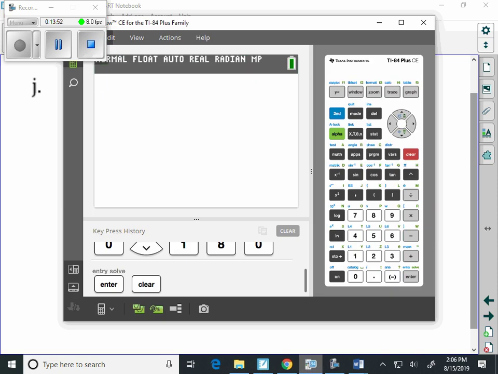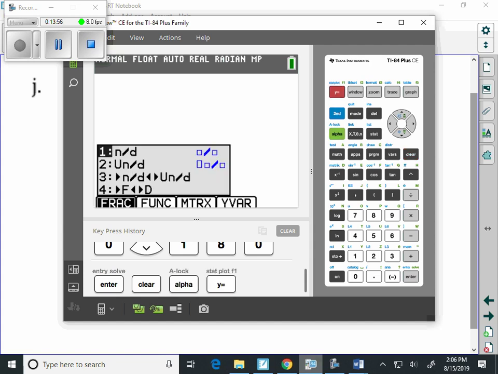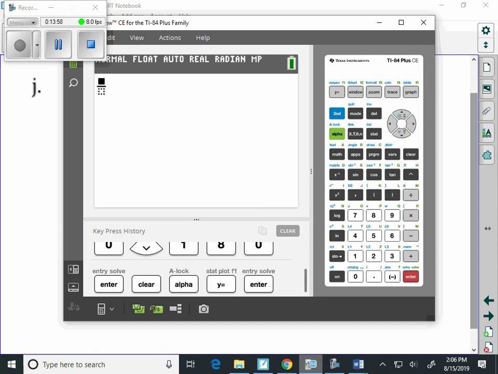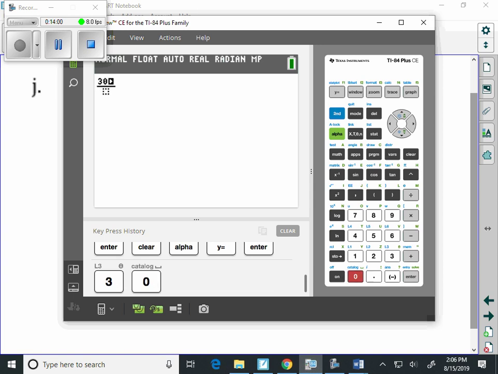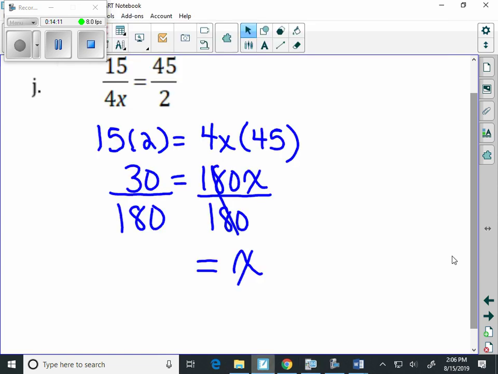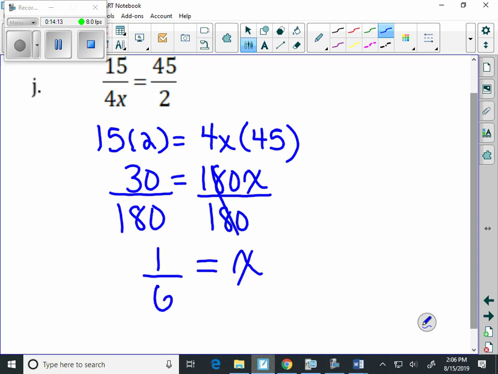On this particular screen, we go to alpha, y equals, and enter, and we type in 30, and then we type in 180. I use the down arrow button, and 30 divided by 180 is 1/6, which is our solution to this particular equation.